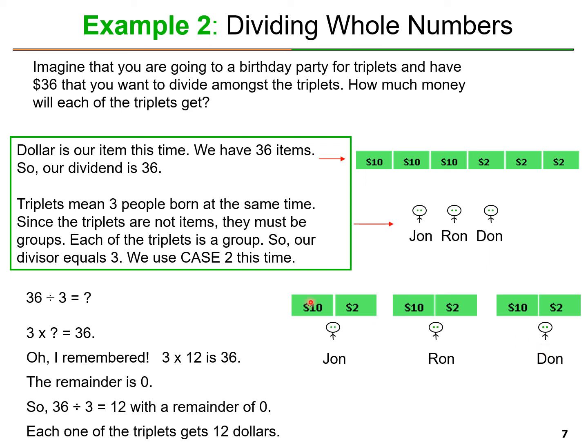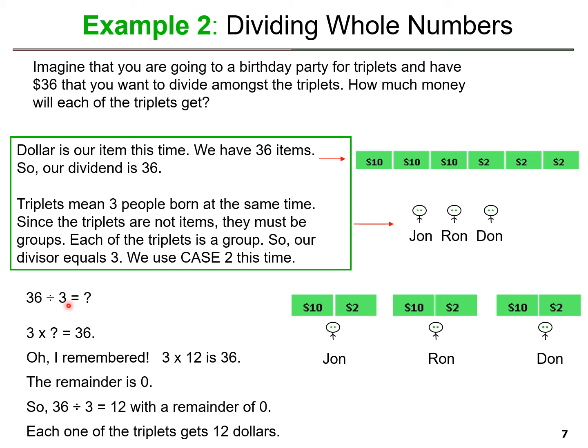So if we have 36 items or $36, and we're trying to determine how many dollars are going to be in each group, we know that there are 3 groups. We see that each group is going to have 12 items or $12. So let me restate that. We have a total of $36 or 36 items.